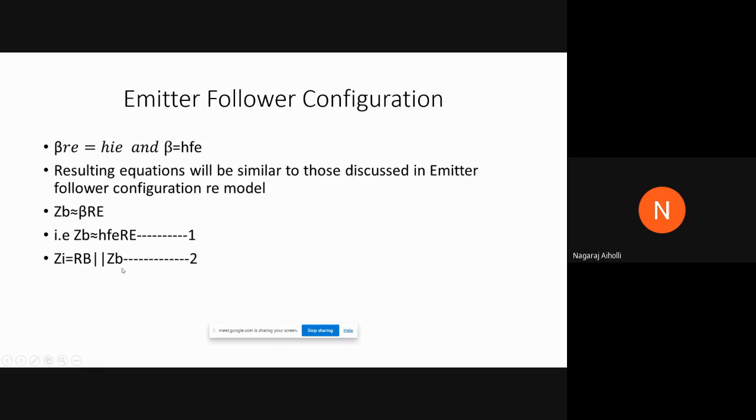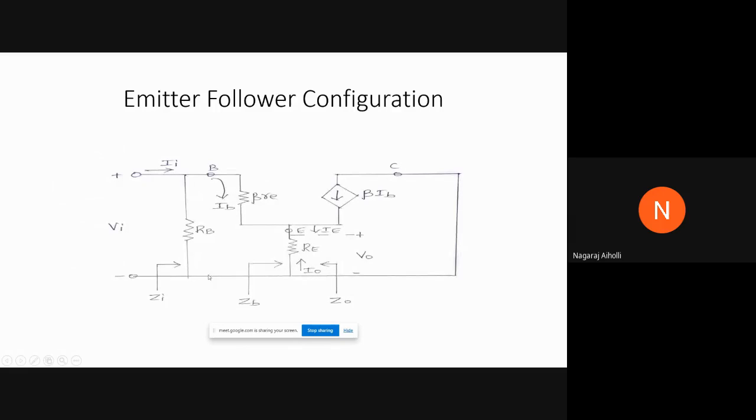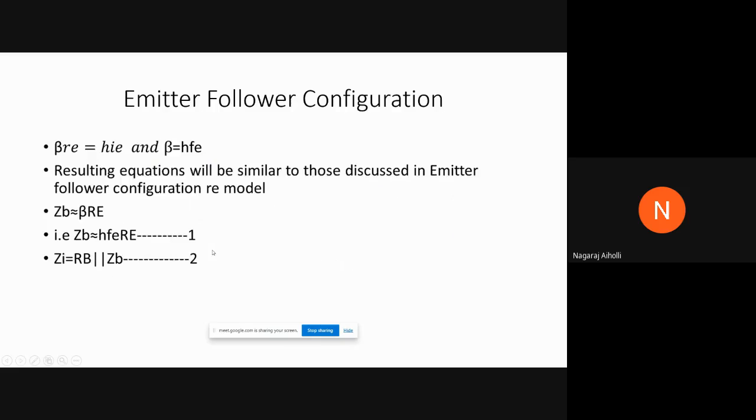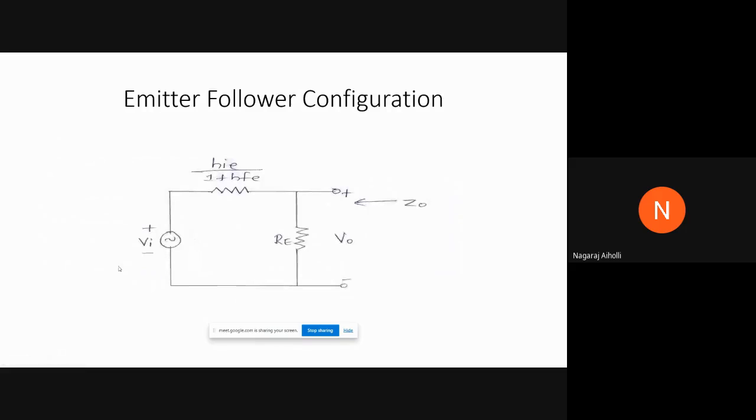ZB is the impedance from base to emitter. RB is the resistance connected to the base terminal. The parallel combination of RB and ZB gives input impedance Zi. Take it as the second equation.